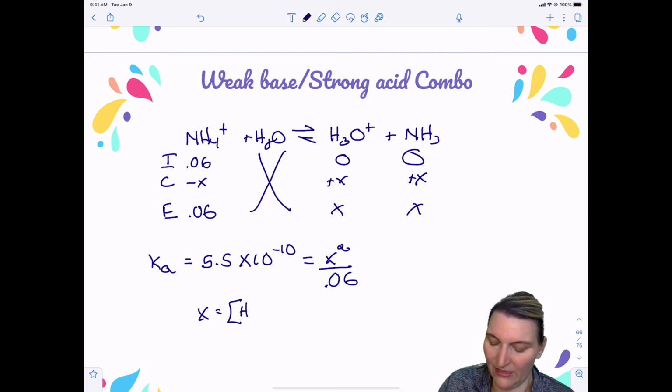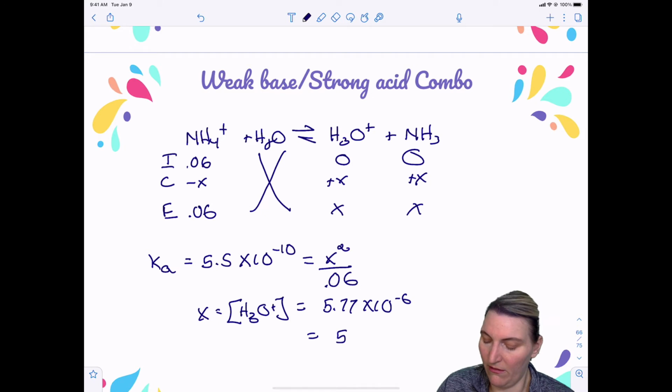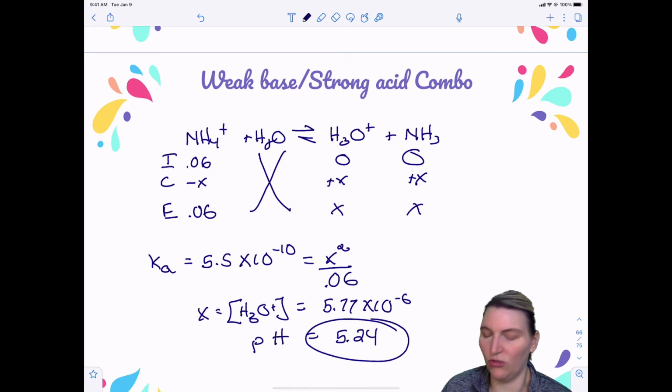In this case, it's the H3O plus concentration, and that equals 5.77 times 10 to the negative 6, or 5.24 for a pH. And that makes sense because all we have is weak acid, that conjugate acid that's left over after we have consumed all of the weak base. So we would expect that the pH of a weak base strong acid titration is a little bit acidic.